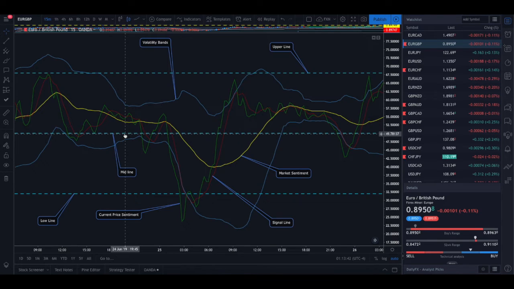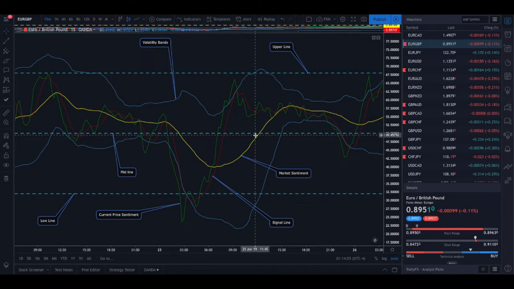Same type of concept. The TDI is just a bunch of different indicators put together to work as one. That's really all it is. The upper line is 68, the lower line is 32, and the midline, of course, is 50.